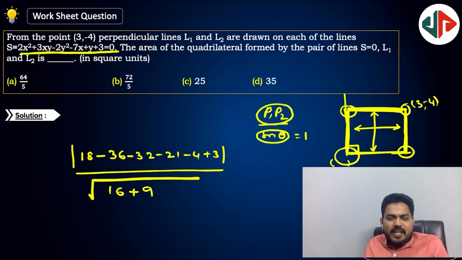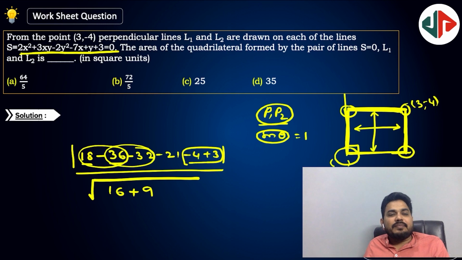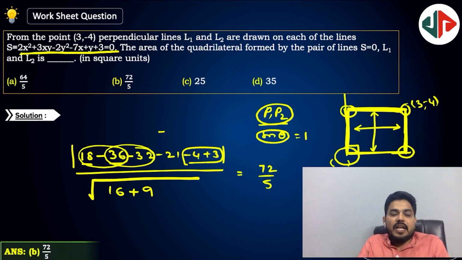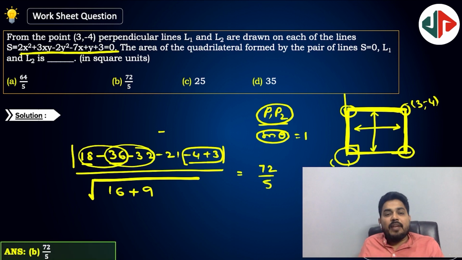So you get minus 18, minus 50, minus 21, minus 71, minus 1, so it is 72 by 5. So the answer is 72 by 5.